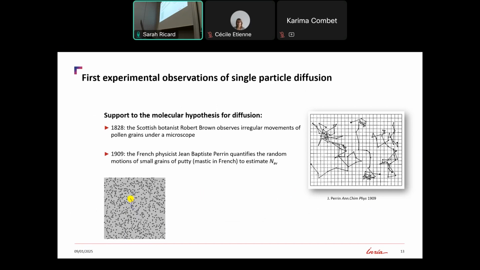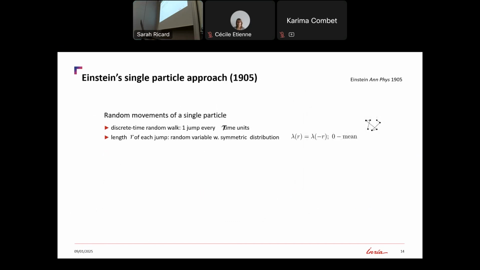And because of this paper, Perrin got the Nobel Prize in 1926, something like that. So we come back to that. But in terms of experiment, it was the first observation and quantification of this kind of random walk.